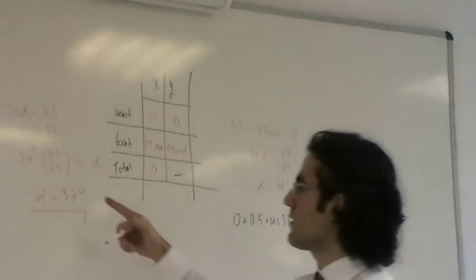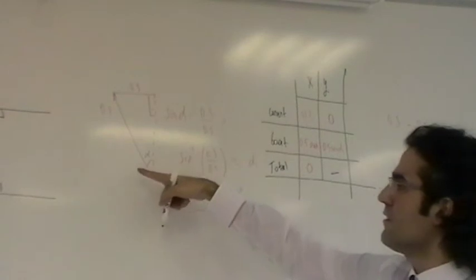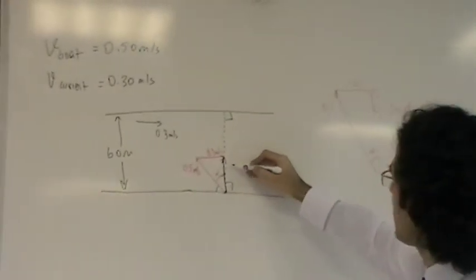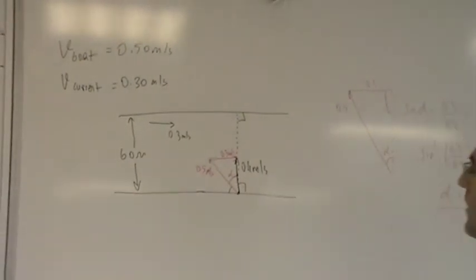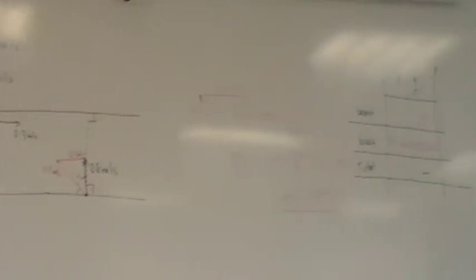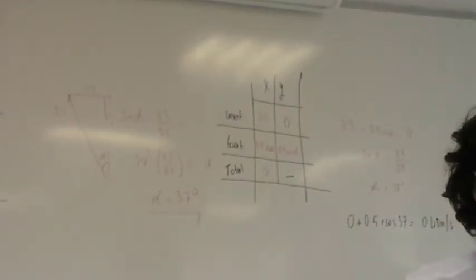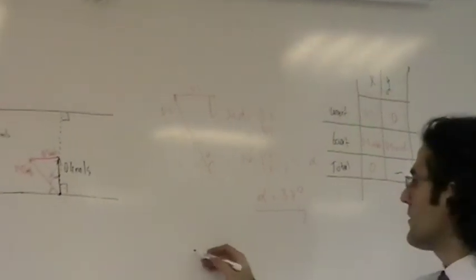So now I can find it using trigonometry as well after I find the angle. This boat right now has a total velocity of 0.4 meters per second directed across the river. And the next question was asking us to find the time that it takes to cross the river. What am I going to use?